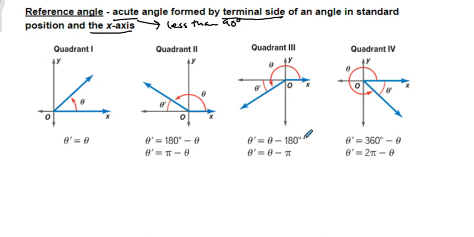And then what are you left with? You're left with 40, and that would be the position here. So you can see what you've got to subtract. With this one, you're seeing what's the difference between this and 180. With this one, you're actually taking 180 away. And then in quadrant 4, it's what's left for me to make a full rotation. To figure that out, it would just be 360 minus whatever your angle is.